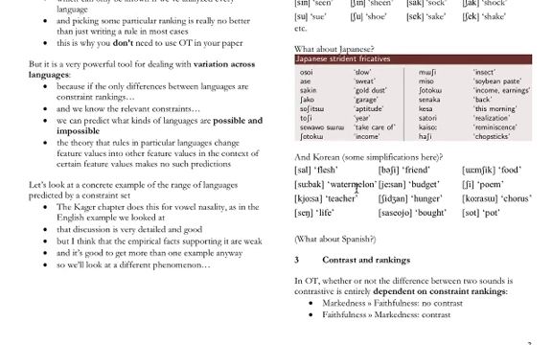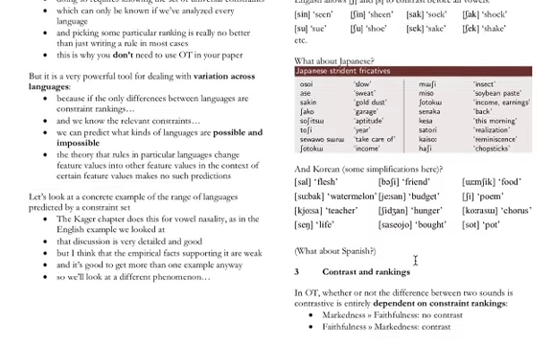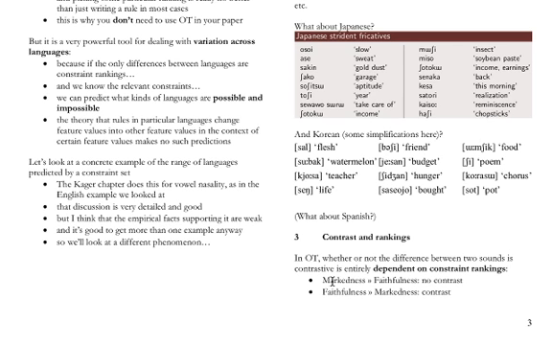Well, first of all, there's going to be some situations here that will involve contrast or lack of contrast. Right? And in OT, whether or not the difference between two sounds is contrastive is entirely dependent on constraint rankings. So basically, if you have a markedness constraint against one value of a feature, and it's prioritized above, or if it dominates the faithfulness constraint for that feature, and we use this little double arrow symbol to indicate that in optimality theory, then we're going to get no contrast.